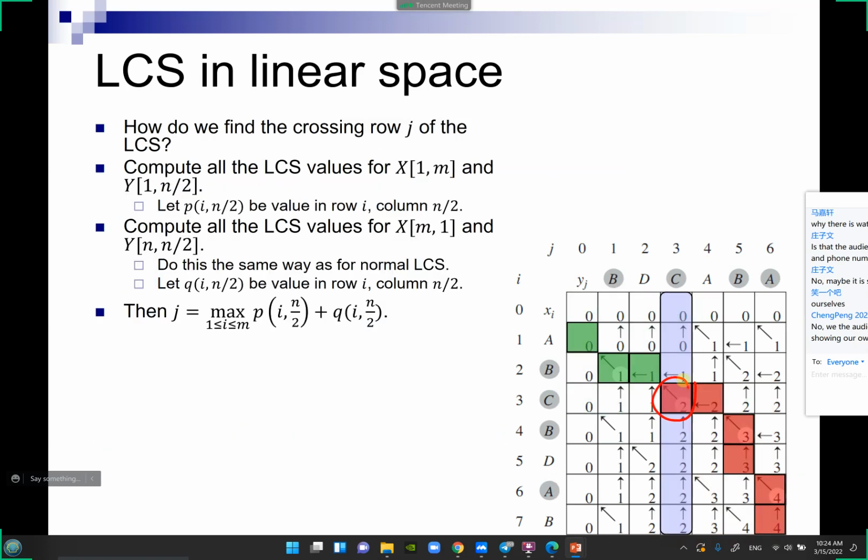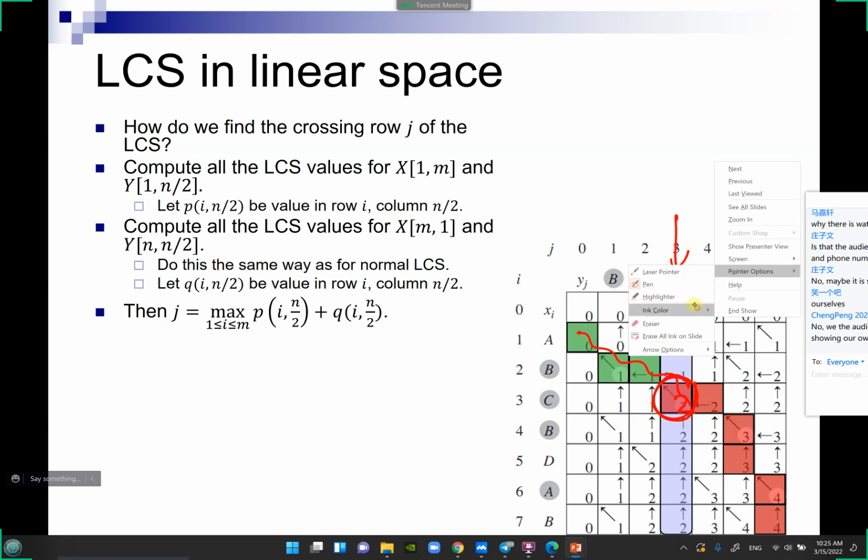What we want is to find some location along this column such that if you divide the problem here, in the first part we get two matches, because the value here is 2, and then in the part after J you get 2 more matches.